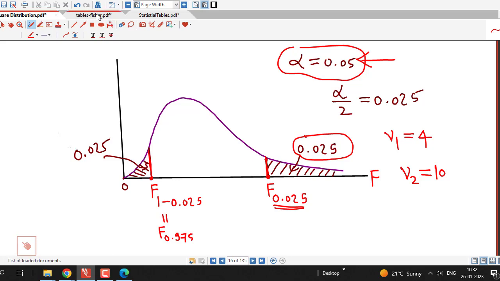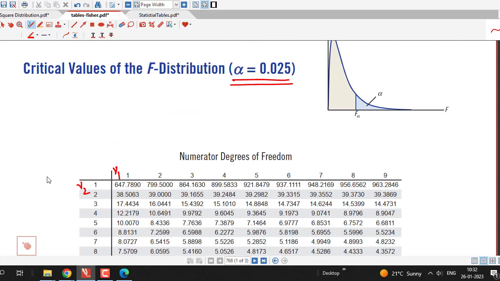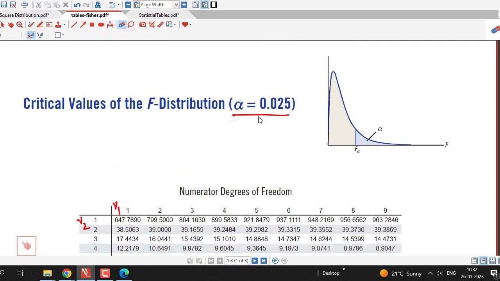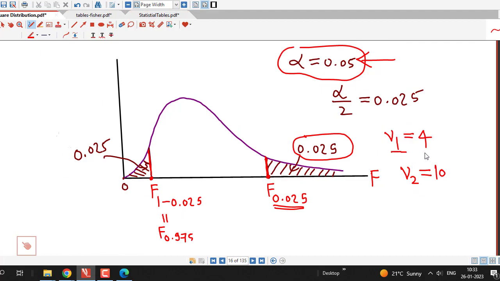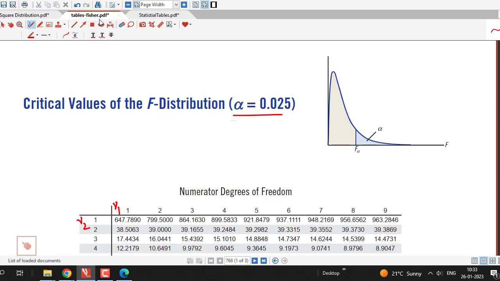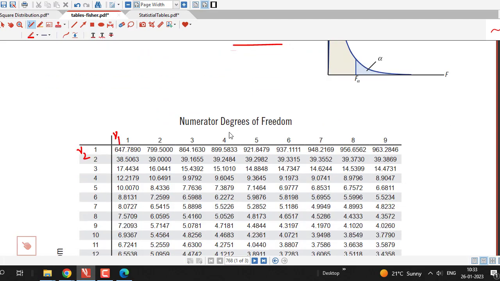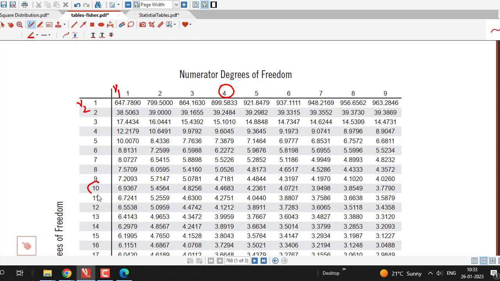So I have to search this F table. These are the critical values of the F distribution for alpha equal to 0.025, and the numerator degrees of freedom are 4, denominator degrees of freedom are 10. So I am searching for numerator degrees of freedom equal to 4, denominator degrees of freedom 10, and we find the intersection of these two lines. Let me sketch clearly.